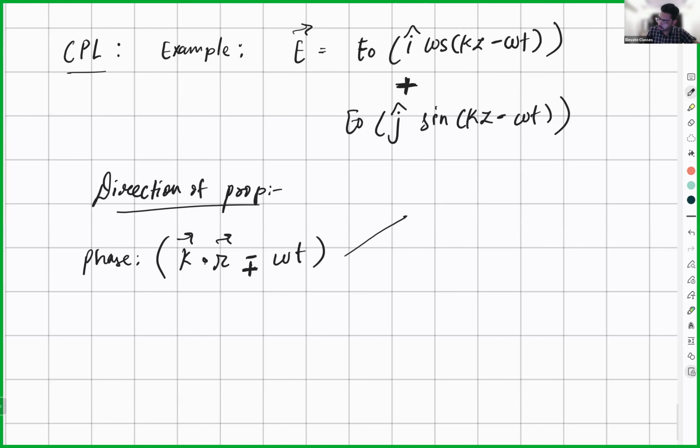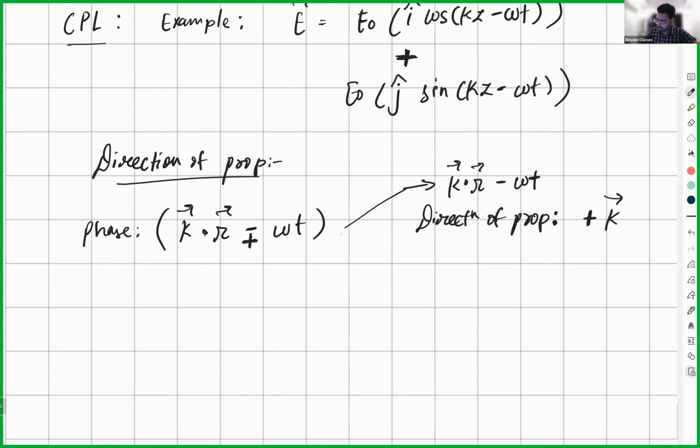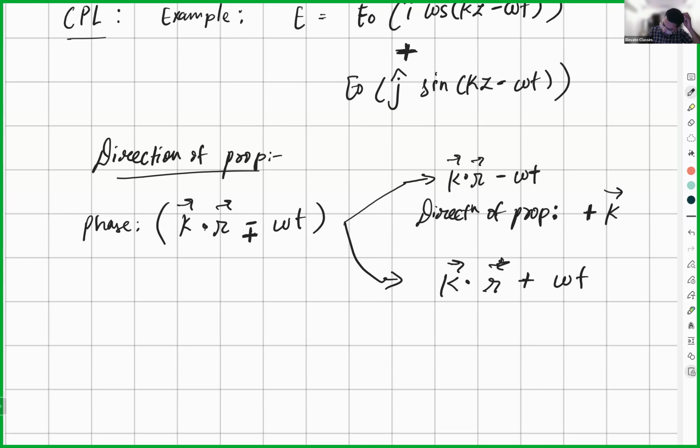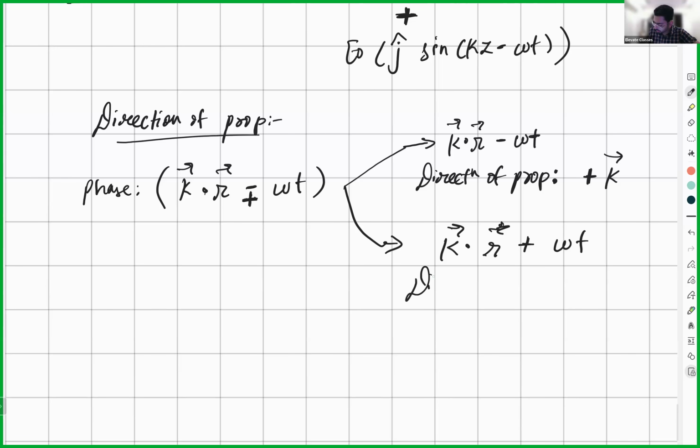If I have k dot r minus omega t, for example, the direction of propagation is along plus k vector. If I have k dot r plus omega t, then the direction of propagation is along minus k vector.